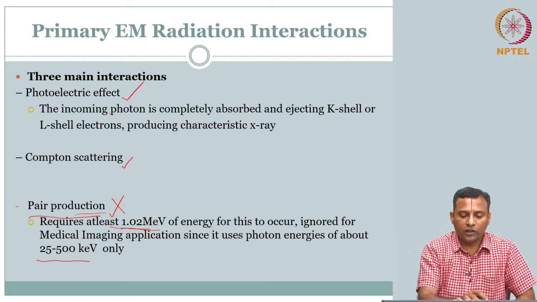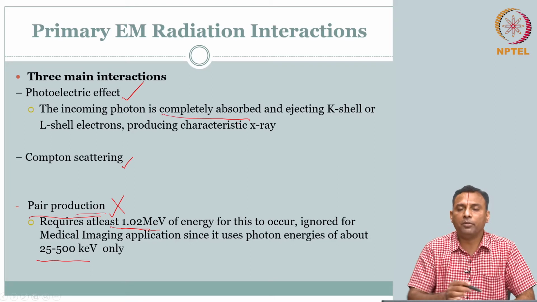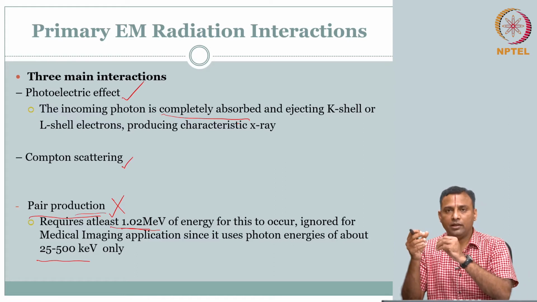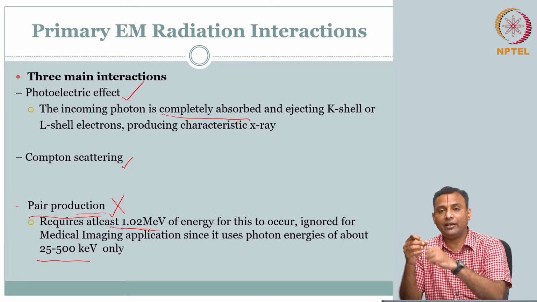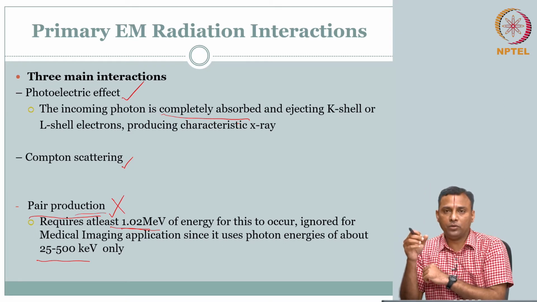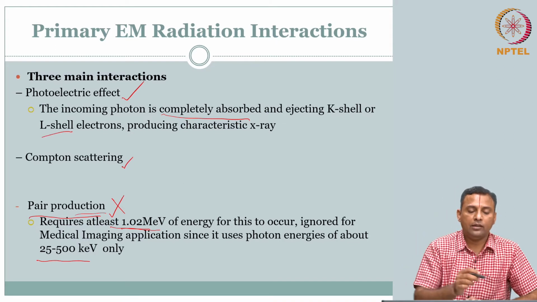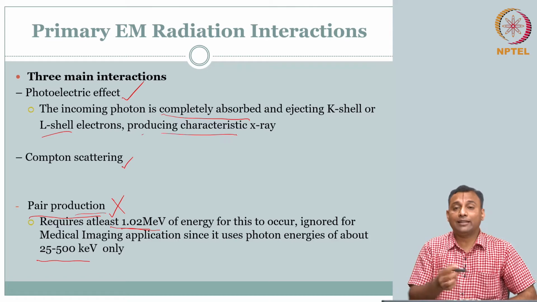So, in the photoelectric effect, the incoming photon is completely absorbed by the atom. If that absorbed energy is greater than the binding energy, it will kick the K electron out, or even L, and then a characteristic X-ray is produced.